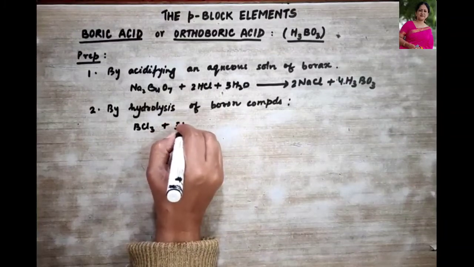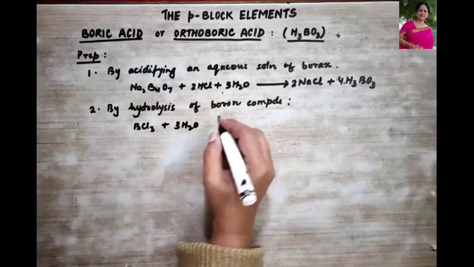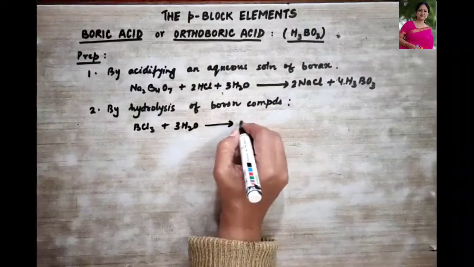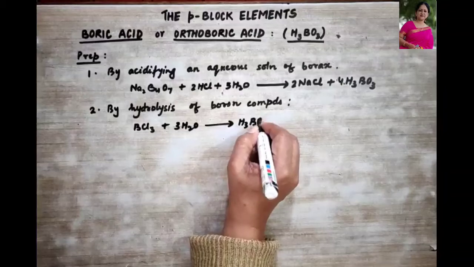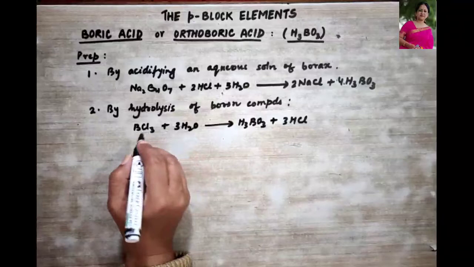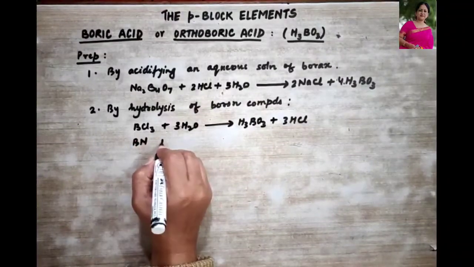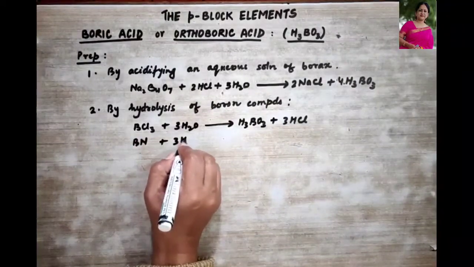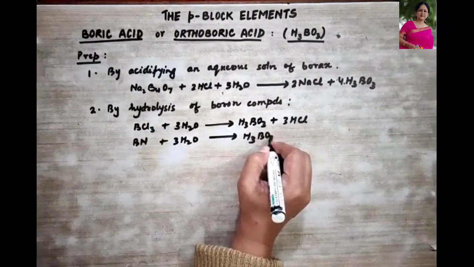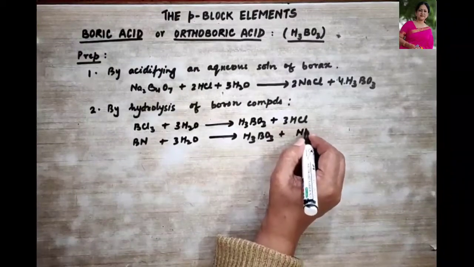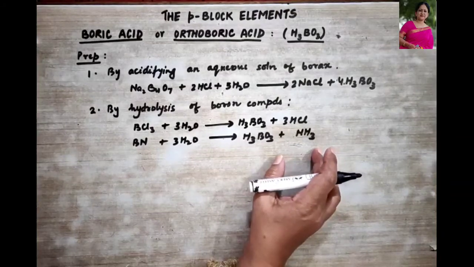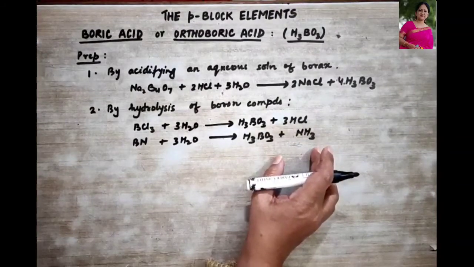When it is treated with water, that is, we are doing hydrolysis, we get orthoboric or boric acid, that is H3BO3 plus 3HCl. We can also take boron nitride and treat it with water, and then also we get H3BO3, that is boric acid, plus NH3, the ammonia gas. I hope this is very clear. So preparation is clear to you.